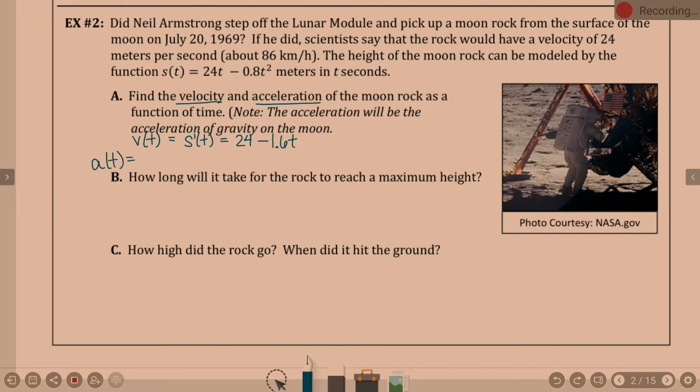So acceleration, what do we know about acceleration? It's the second derivative of position, which makes it the first derivative of velocity. The good news is we've already found the first derivative, so you just continue and find the second derivative. And that is negative 1.6.